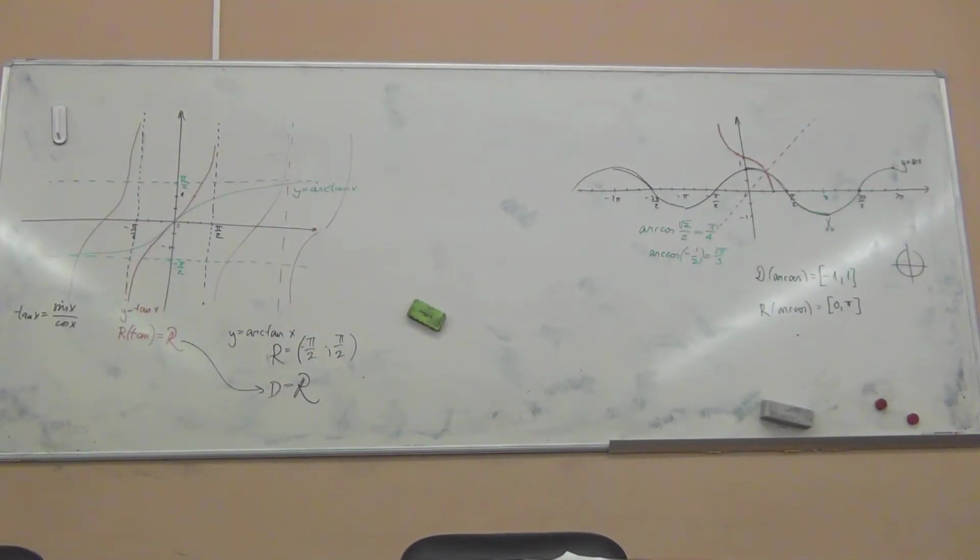Now we can see that the domain is all real numbers. We can find the arctangent for any number at all, because anything can be a tangent value. But the range, the possible values of the arctangent, are between minus pi half and pi half. And now you can guess very well what happens to the cotangent and arccotangent.